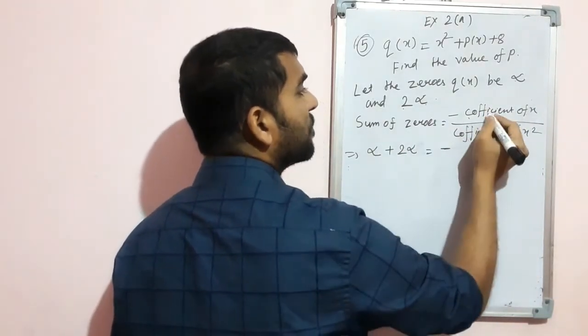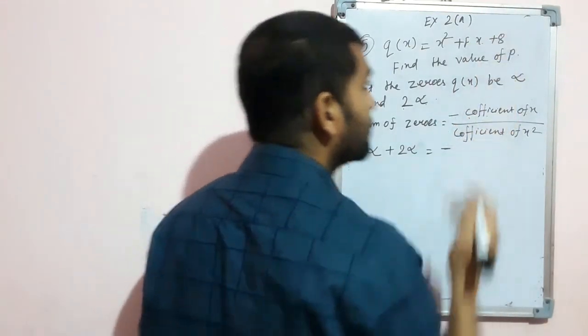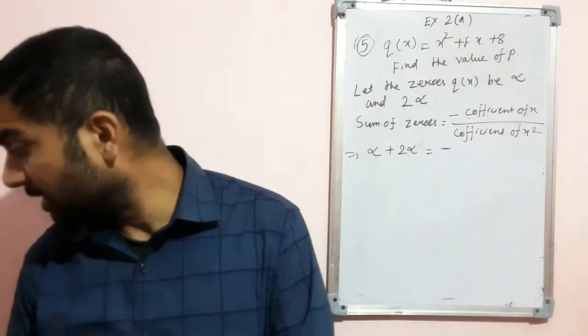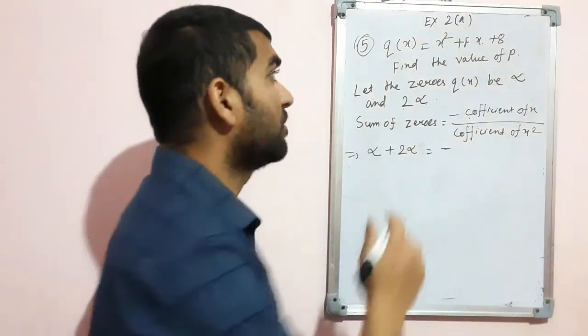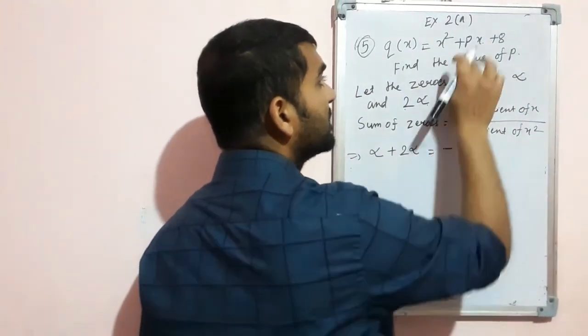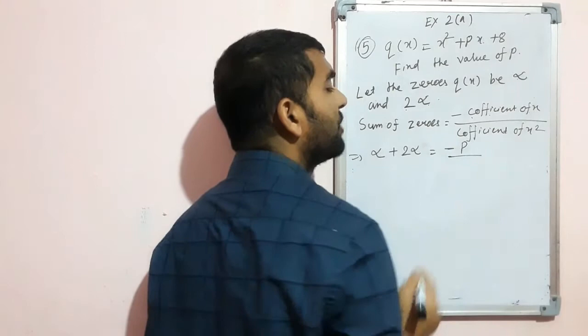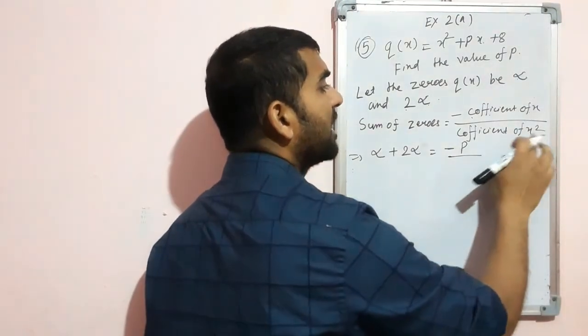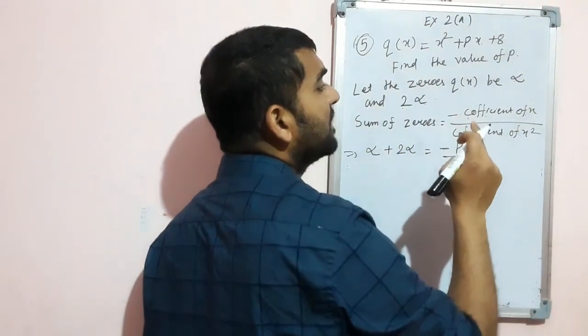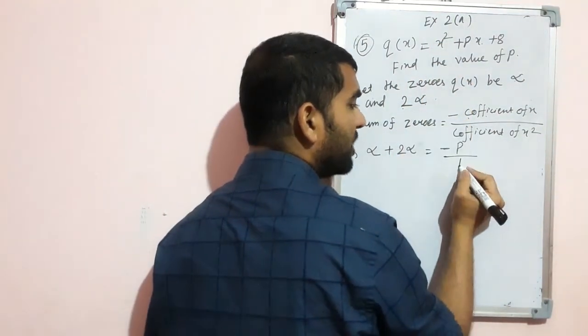Minus will be minus. Coefficient of x is how much? Here it is px, right? Check in the question. It is px, no need to write a bracket here. So coefficient of x is p, divided by coefficient of x square. How much? It will be 1, nothing is here, so you will write 1.